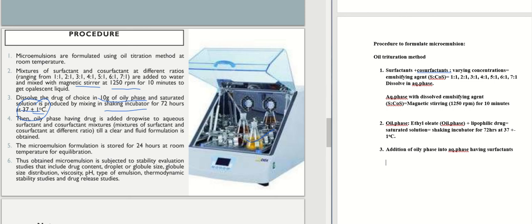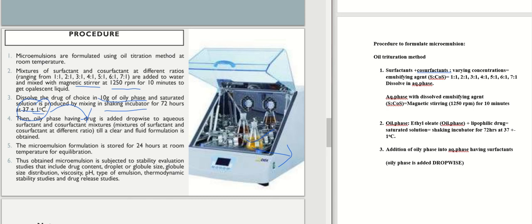The most important note to be considered is that the oily phase is added dropwise. To get uniformly sized droplets we need to add dropwise. The oily phase is to be added to the aqueous phase. And it is the most important step where the droplets will try to form. So this is under continuous stirring.